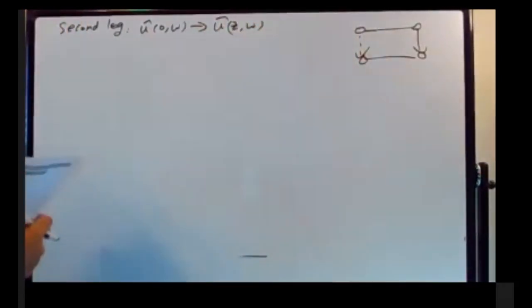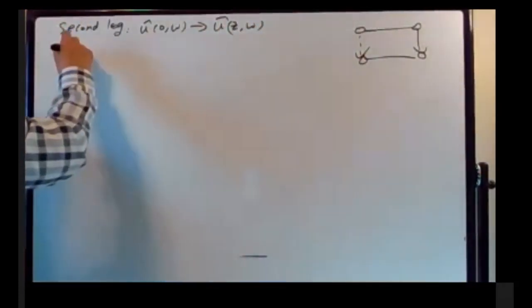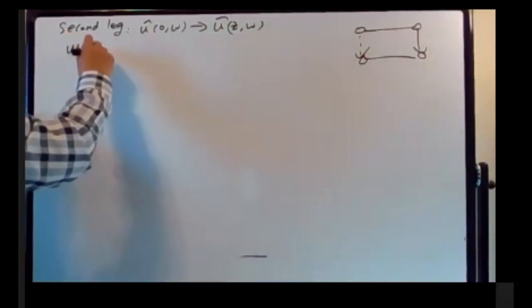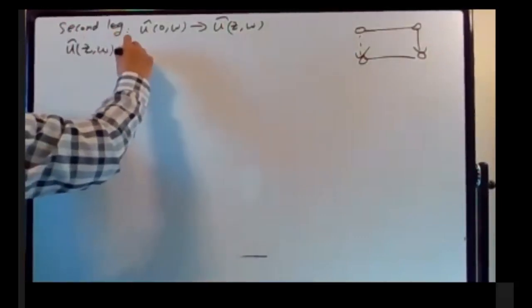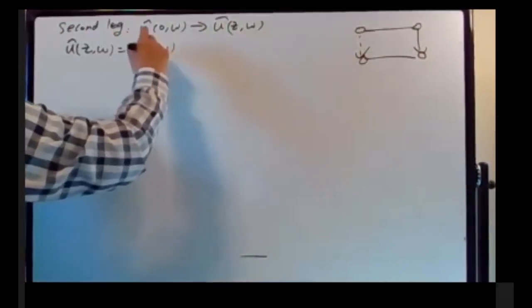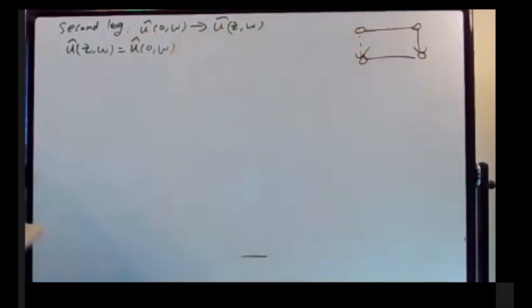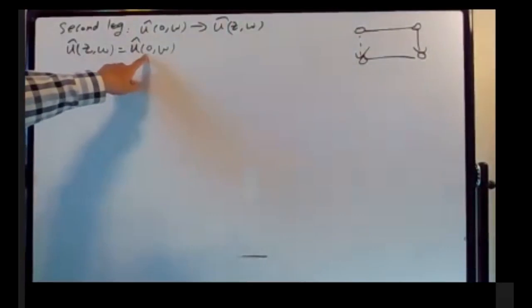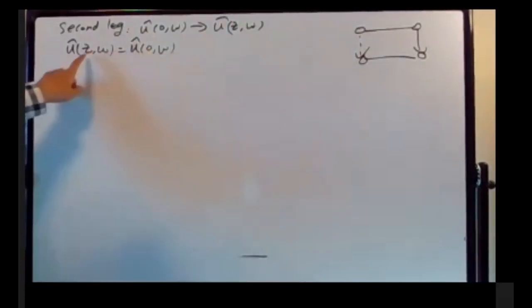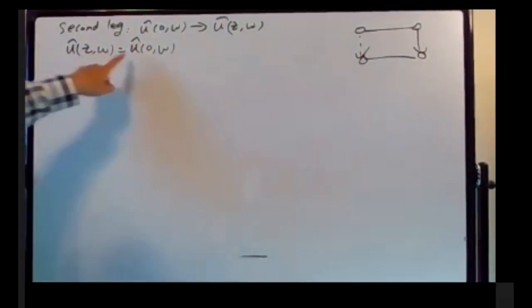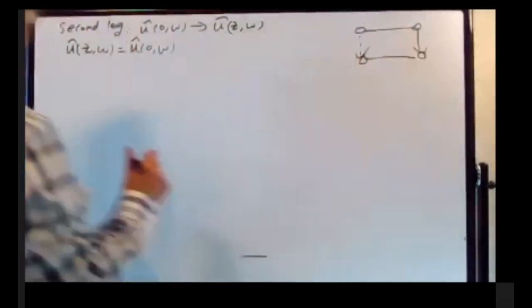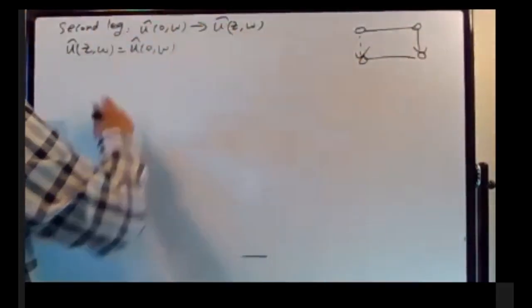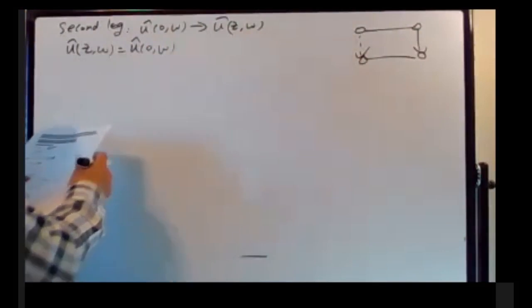So now we have U hat Z omega and U hat 0 omega. This is actually the propagation: at 0 and now propagate to Z. So this is the second leg here.